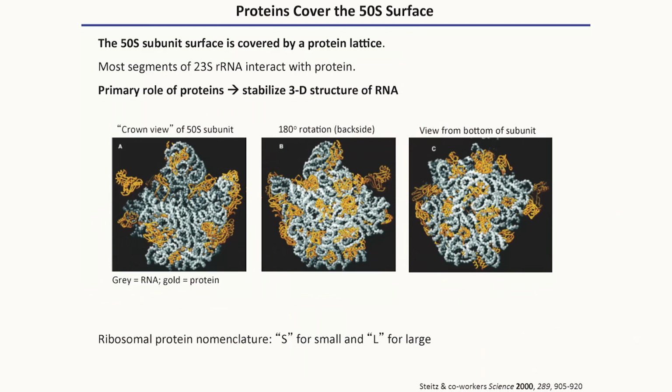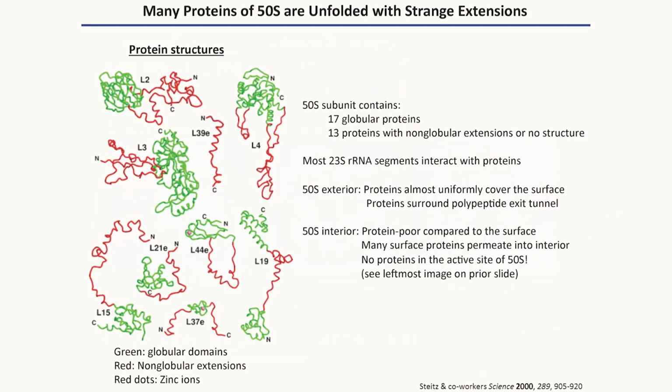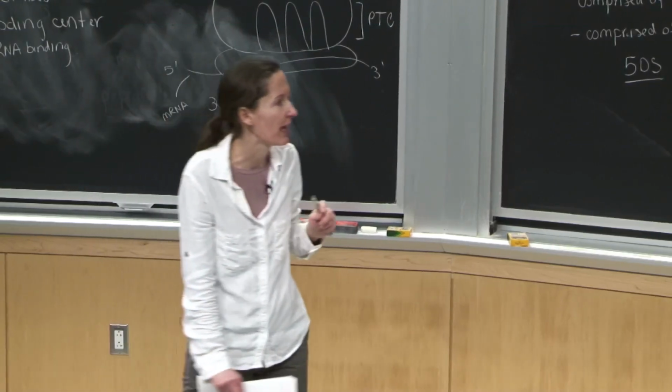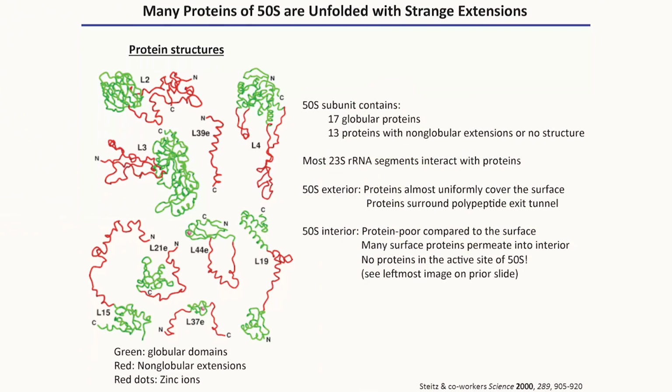If we look at these proteins more closely, we're going to follow up on the observation that they seem to have some unfolded regions. What we're looking at here is a selection of the 50S proteins in the absence of the RNA. These structures have been taken out of that total structure. In terms of nomenclature, L means large and S means small for ribosomal proteins.